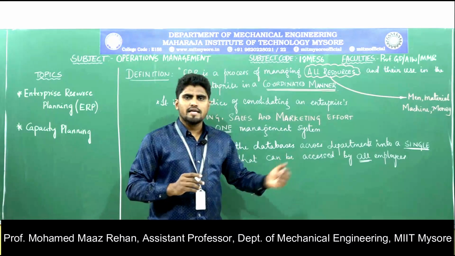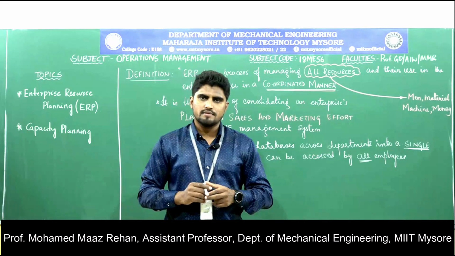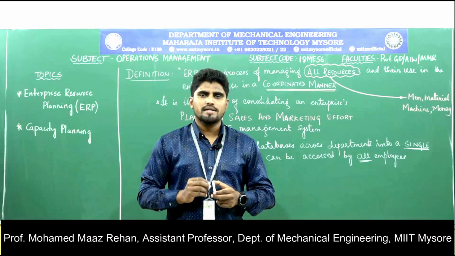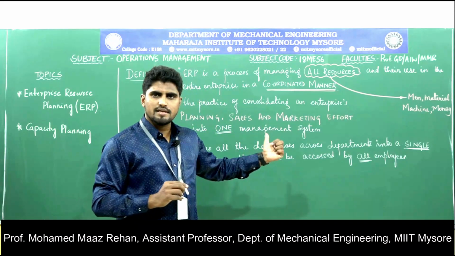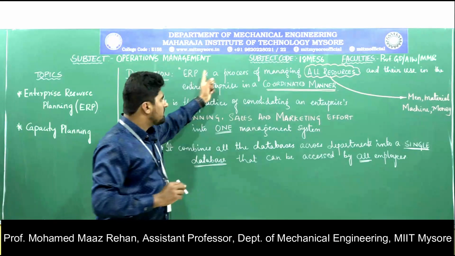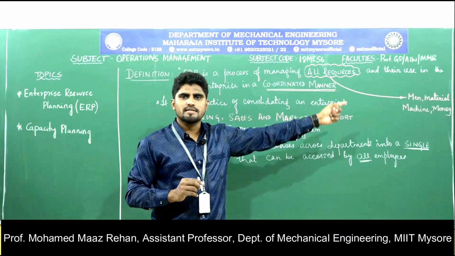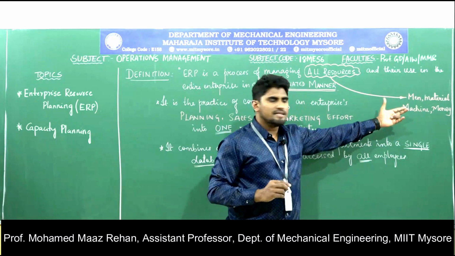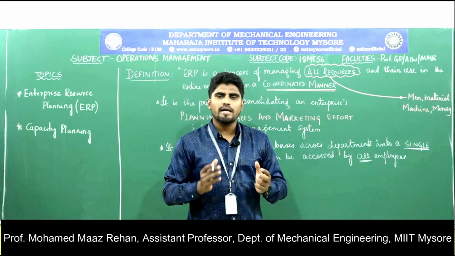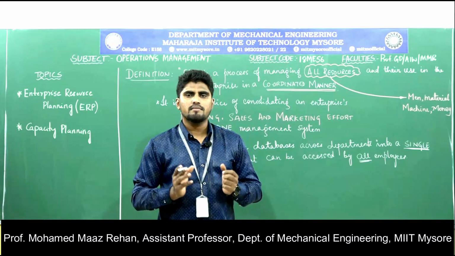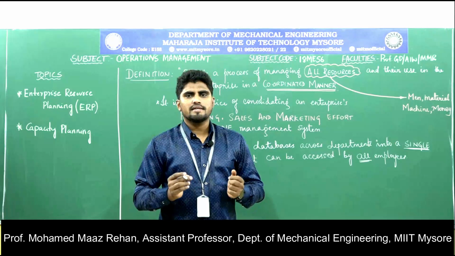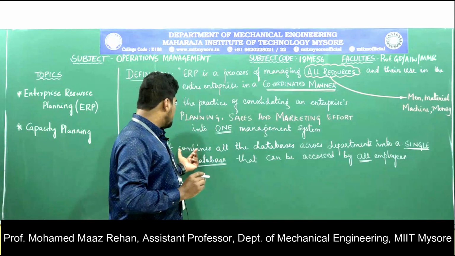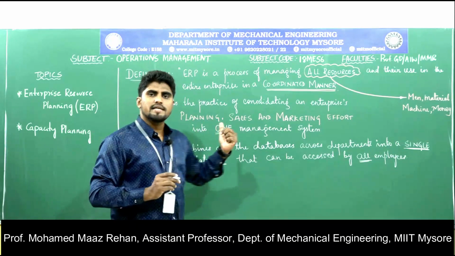If I take an example of an ERP system, let us illustrate with a manufacturing sector. I hope the concept is clear enough. Basically, ERP is a process of managing all the resources such as men, machinery, material and money. These resources are managed in one particular software. That particular software is nothing but enterprise resource planning. And one more thing you need to understand here: it is a centralized one.